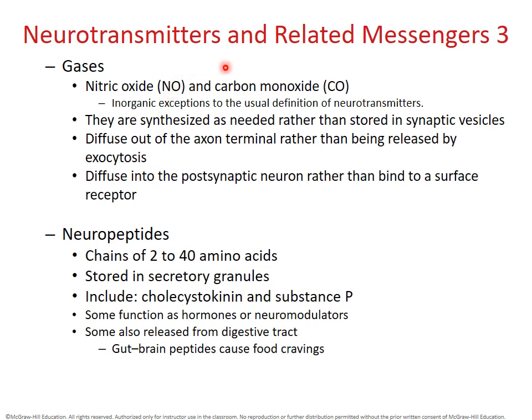I don't know if I want to call them neurotransmitters or neurotransmitter-like substances. It's interesting to note they are a couple of gases that are made and released by the presynaptic cell that can have an influence on the postsynaptic cell.